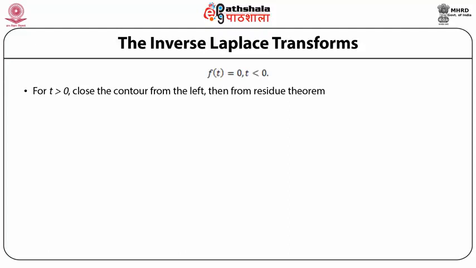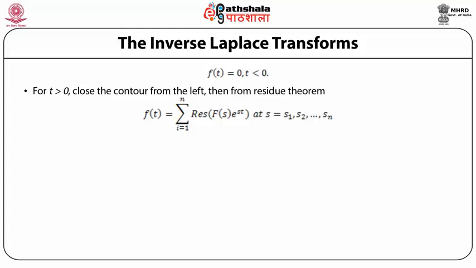For t greater than 0, we close the contour from the left and then from the residue theorem we get f of t is equal to the summation over i going from 1 to n of the residue of, within brackets, the function capital F of s times e raised to power st, at s is equal to s1, s2 and so on till sn, where s1, s2 till sn are the n poles of capital F of s.